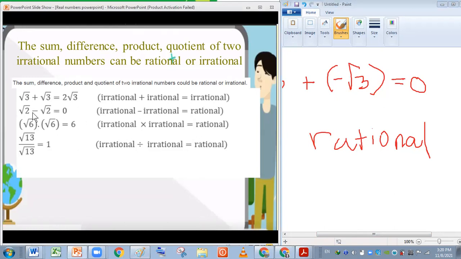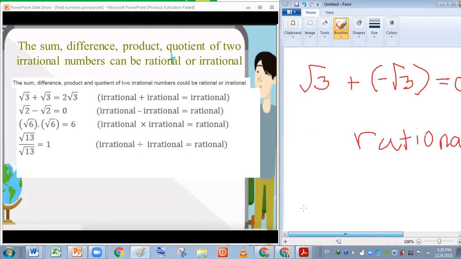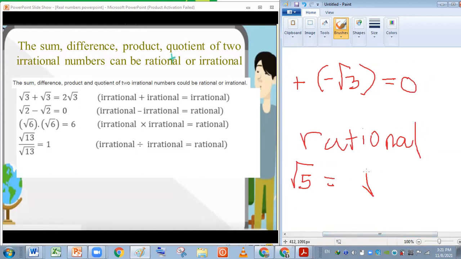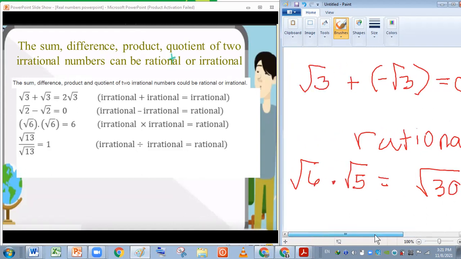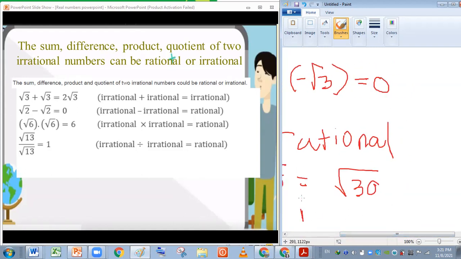Example here: negative square root of 2 minus square root of 2. In multiplication, two irrational numbers can give a rational number in this sense. But how about if we have the root of 6 times the root of 5? That is just equal to the root of 30, which in any case is irrational.